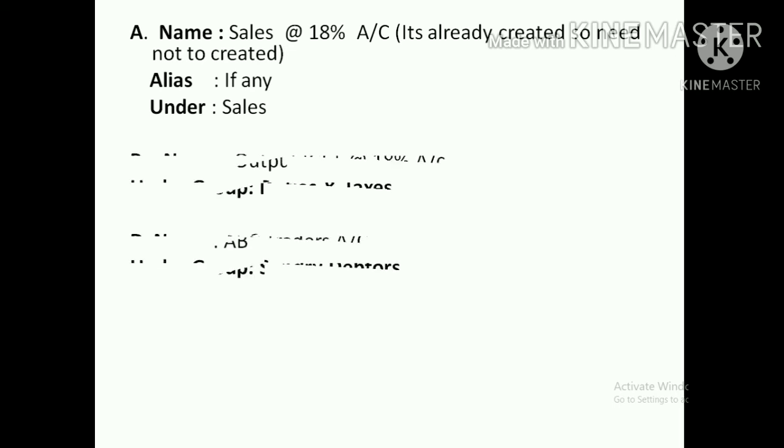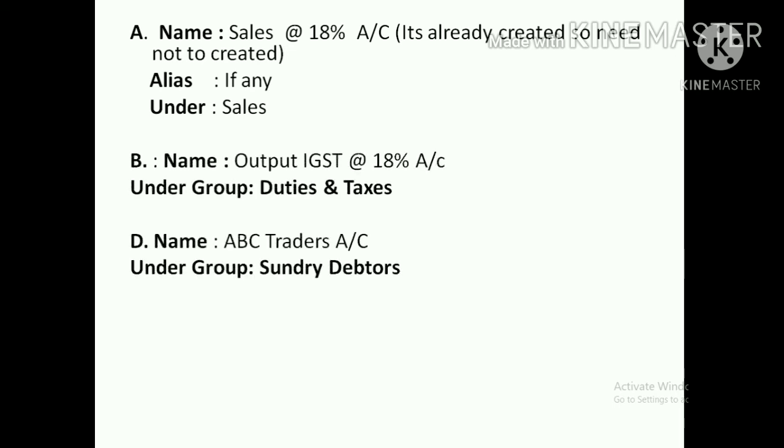One more account needs to be created, that is output IGST. We have not created this one yet, so create output IGST at 18%.